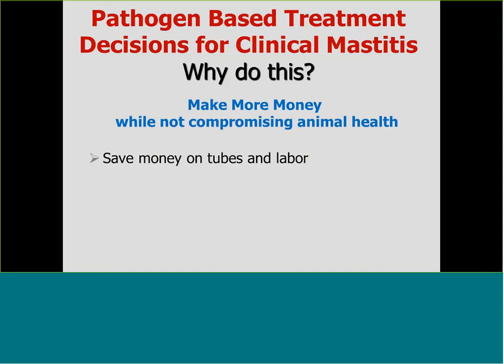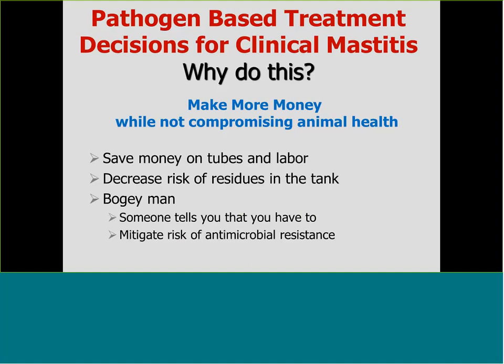If we know which pathogens are causing the mastitis, we can save money on treatment tubes and labor. We can decrease the risk of residues in the tank. So if we treat less cows, or at least treat judiciously, they'll have less risk of antimicrobial residues in the tank. And then there's always the boogeyman, which often takes the form of government, and that would be someone telling us we have to.